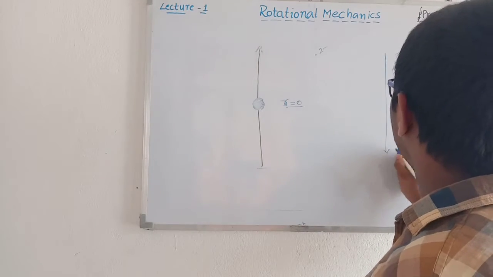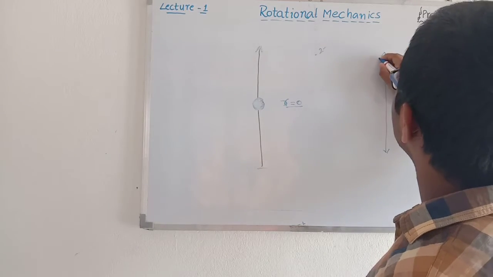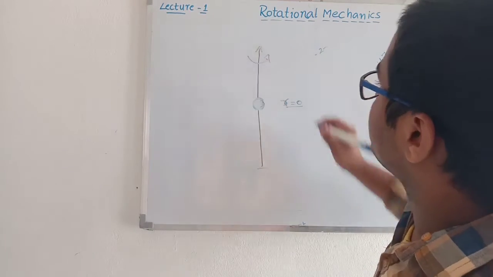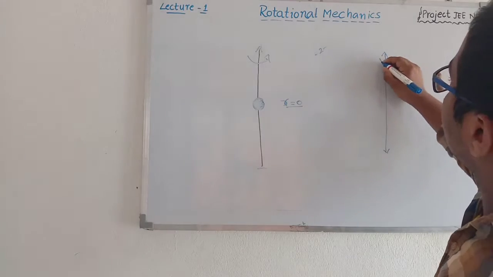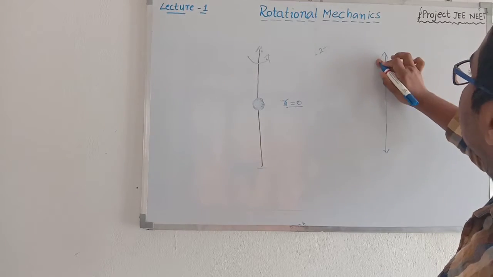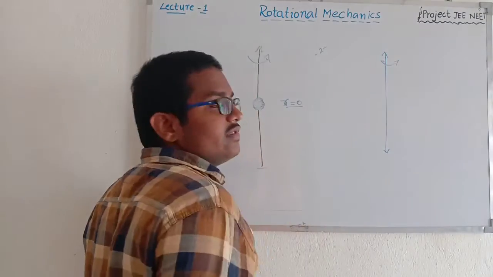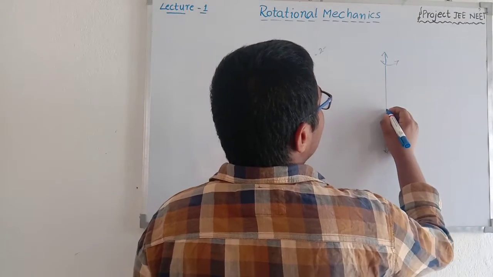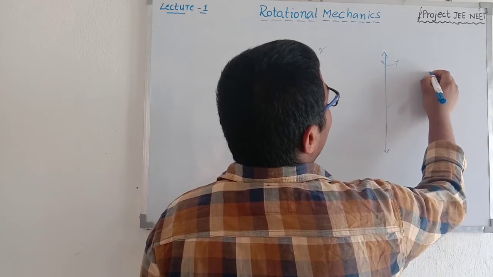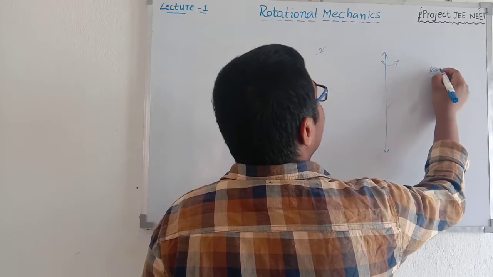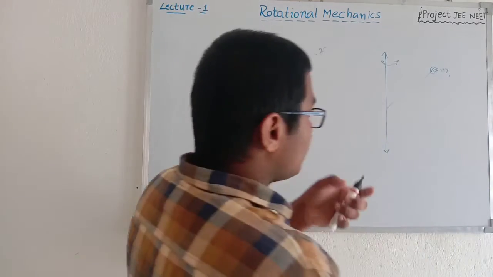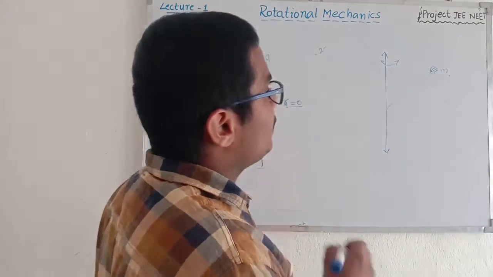Now assume this as the axis of rotation, which is rotating in this direction. You can rotate it in this direction also, but majorly we will be discussing it like this only, for our convenience. So if a body of mass m is situated here, what is the moment of inertia?